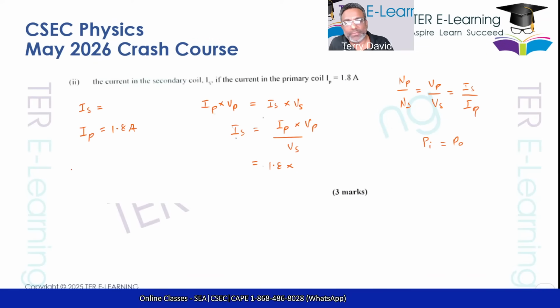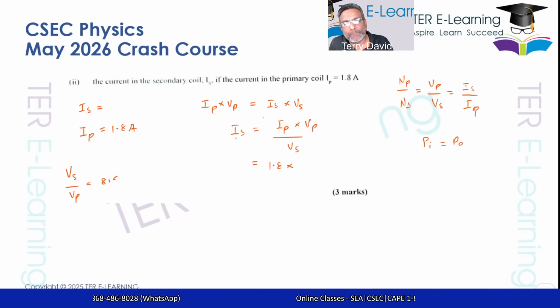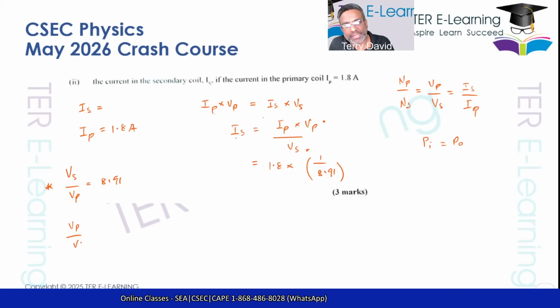Vs over Vp is, in my case, 8.91. But what you need is Vp over Vs. So what you have to recognize is that that is actually 1 divided by 8.91. You have to invert that, because what you have here is Vs on Vp, but according to my equation, I want Vp on Vs. So we're just going to invert this.